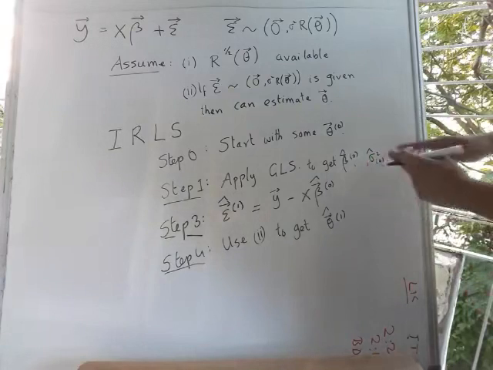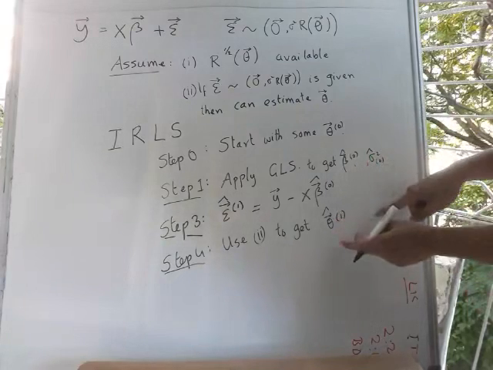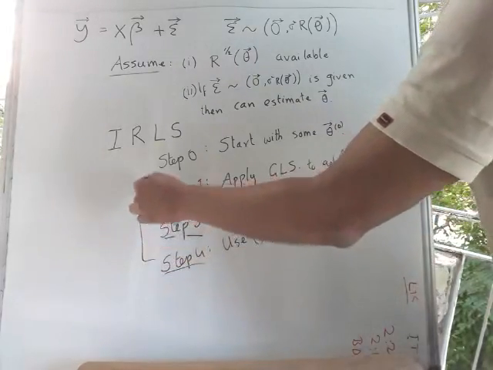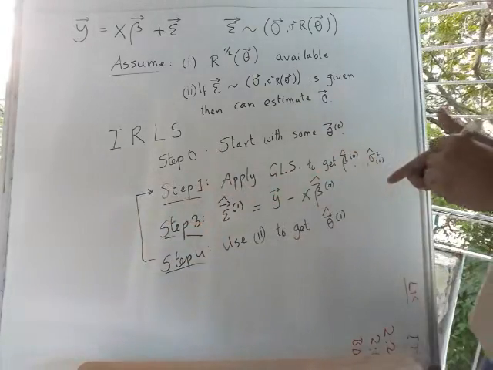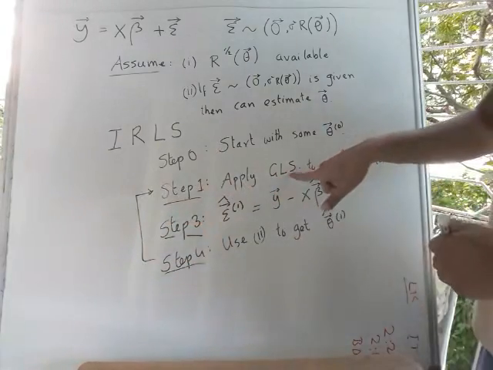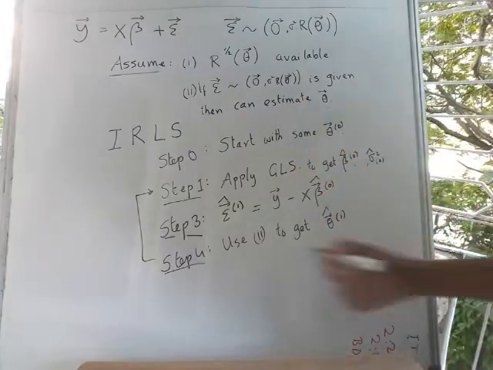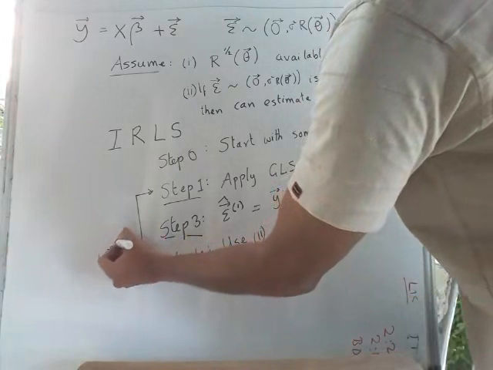So now you get these values, and with this, you get back to step 1. With this new value, you again apply GLS and you keep on doing this until convergence.